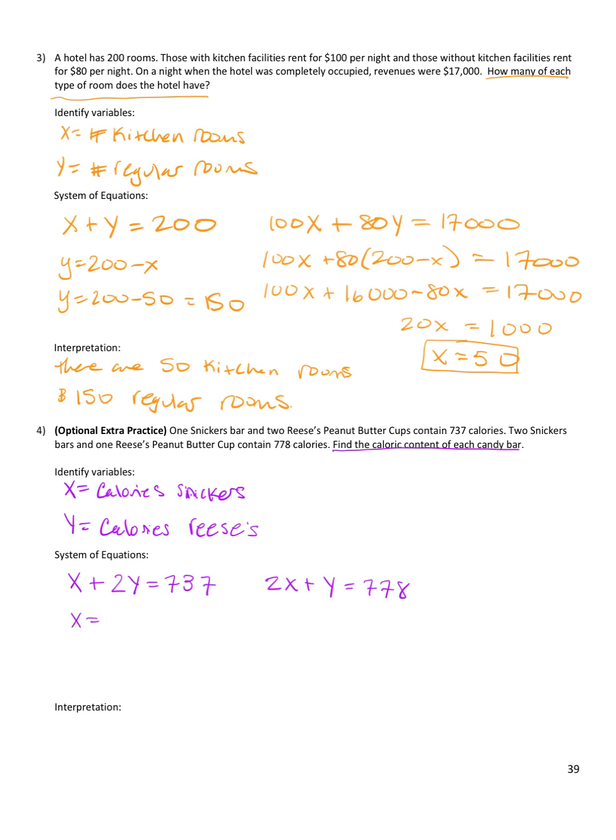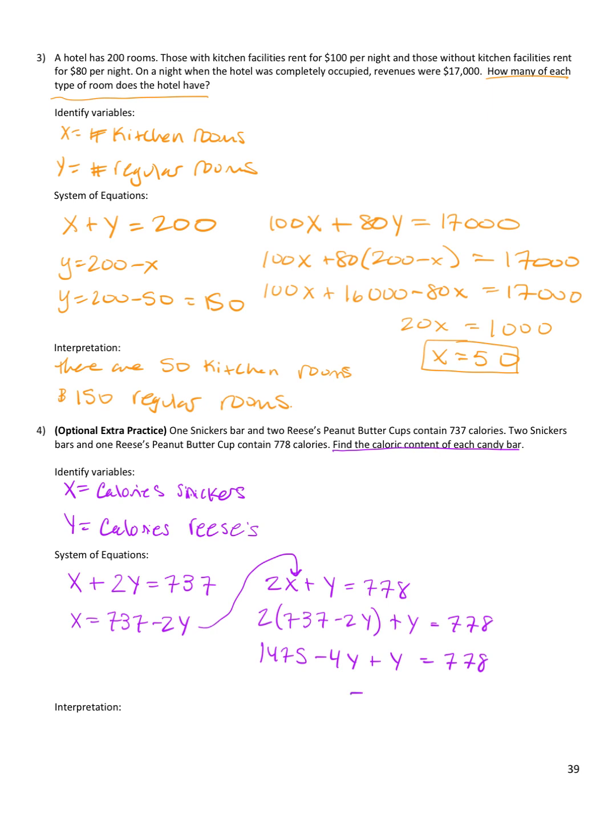So X would be 737 minus 2y. Plug that into the other equation for the X. 2 times 737 minus 2y plus y equals 778. I get 1474 minus 4y plus y equals 778.